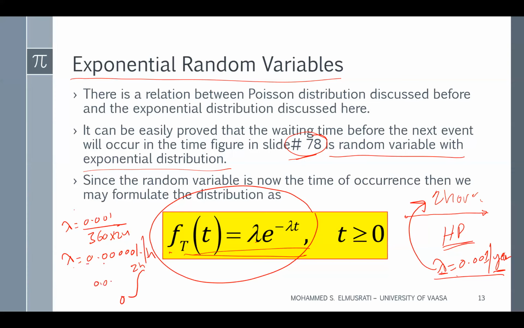So you put here 0.00001, and this will be e to the minus lambda t, dt. When you take this integration, you can calculate the probability that the time for failure will happen within 2 hours. If I like to calculate the probability that you will have a crash in your computer within like 1 day, of course, you simply take the integration, but over 24 hours.